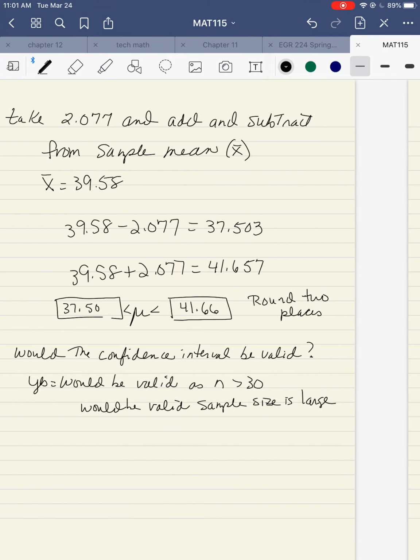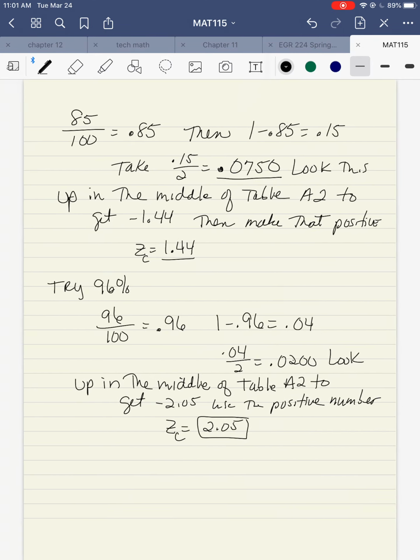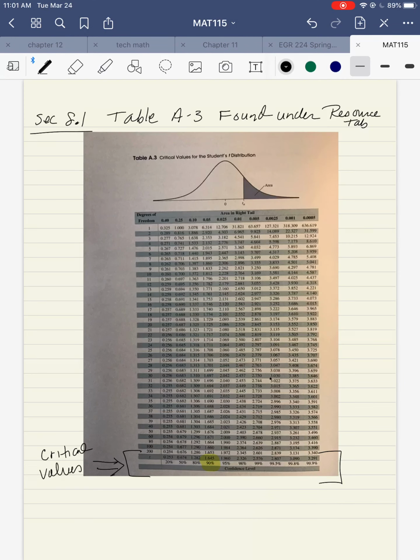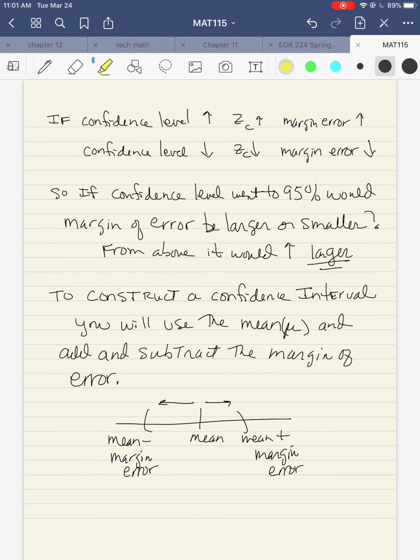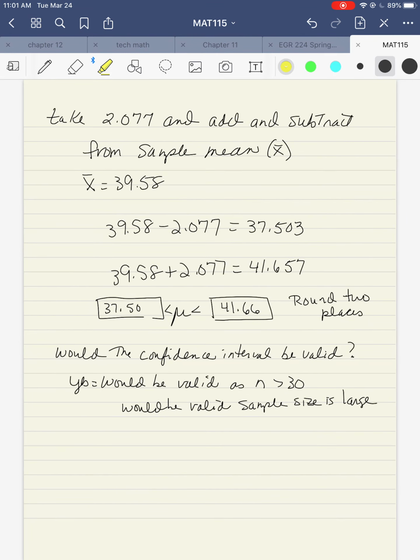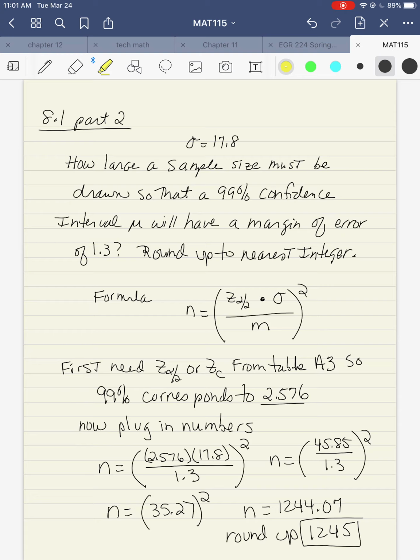It's at the bottom, and again, just to show you where it is, 99% is right here, 2.576. Sorry, it's hard to see the numbers, but you can be looking at your table while you're doing this. So that's what I have here, 2.576, right there.